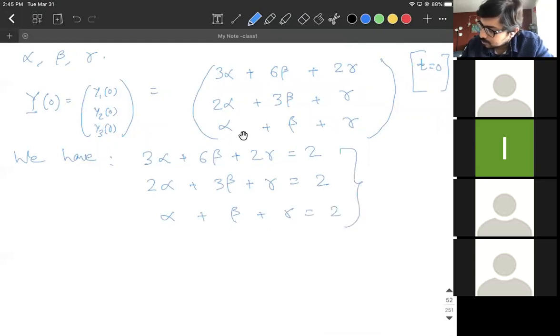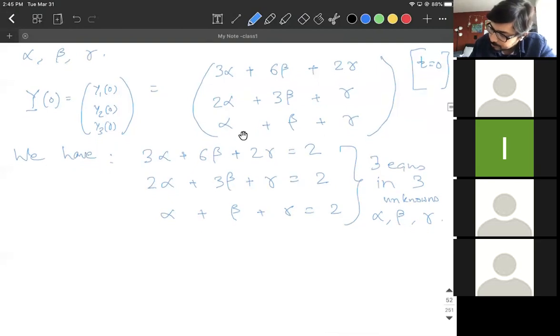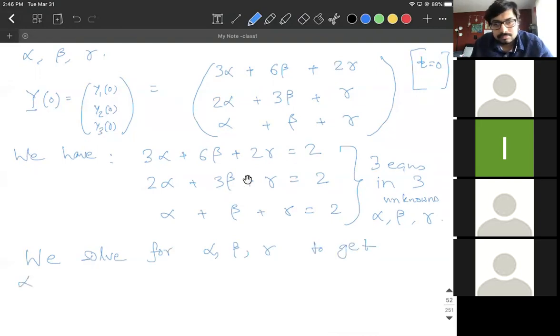So these are three equations in three unknowns. Okay, so now you solve them to get a particular solution.